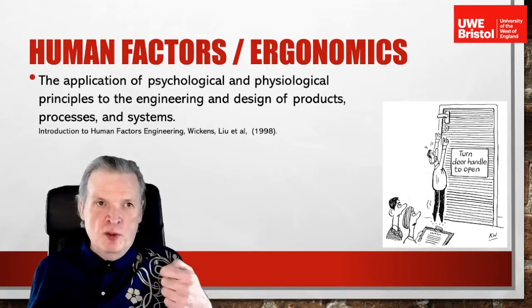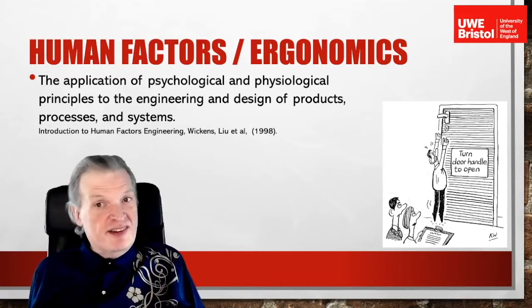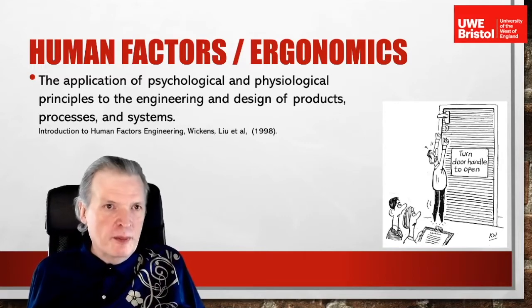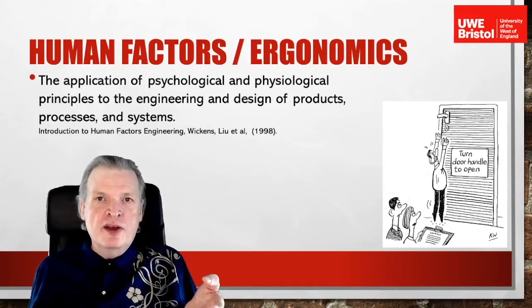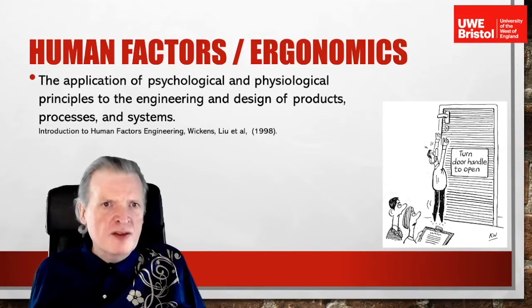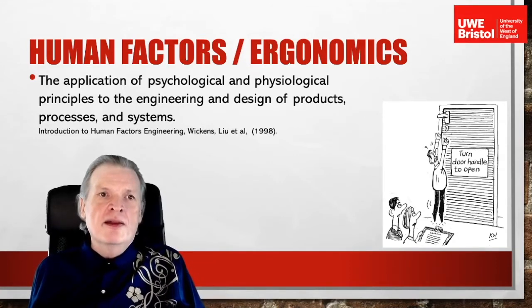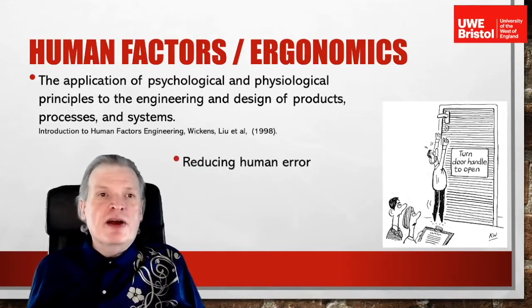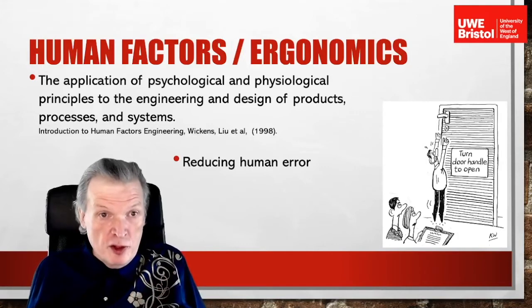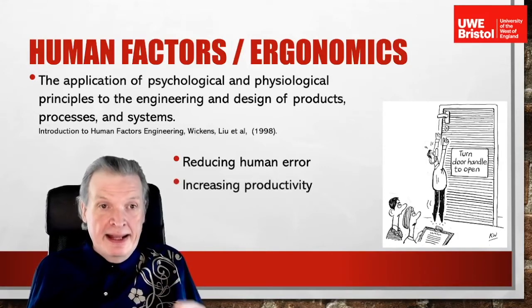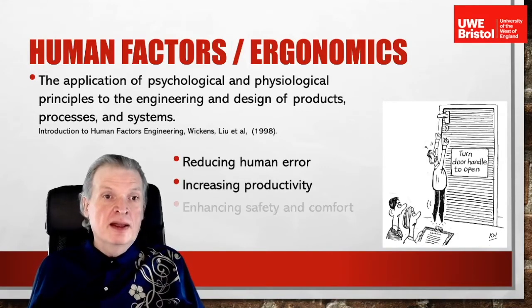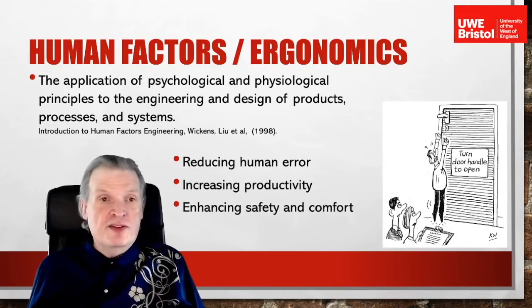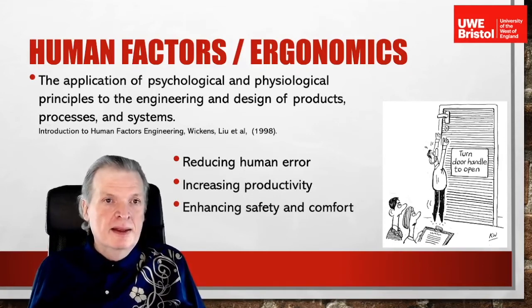So if you are looking at the design of a chair, say, that's very much ergonomics. But when you're looking at the design of machines and processes, then it's called by this rather broader title, human factors. And human factors are all about reducing human error, increasing productivity, and enhancing safety and comfort.